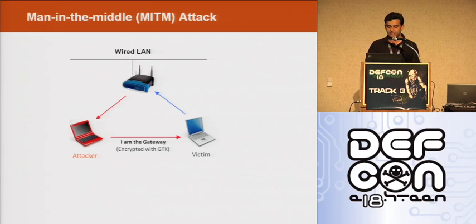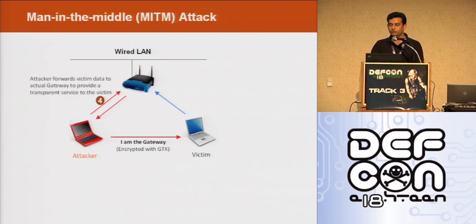So what happens is the attacker is going to forward all those packets to the actual server or gateway, and he becomes a man in the middle, right? So just by exploiting the GTK shared key and forging its own broadcast packet, the attacker is able to redirect private traffic of the other victim to its machine and able to provide services.